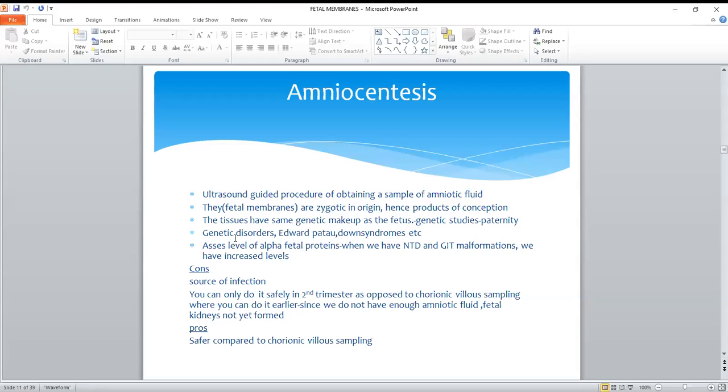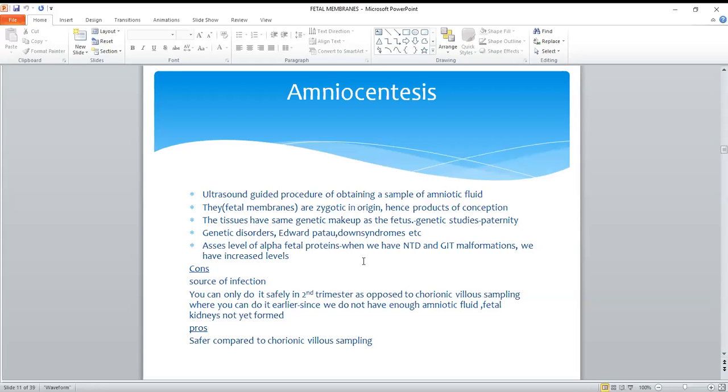And then it's used for determining genetic disorders like Edward, Patau, and Down syndrome, because it's zygotic in origin. So when you take an examination of the fetal membrane, it should be a representation of the child. Okay, so it can also be used to assess the level of alpha fetal proteins.